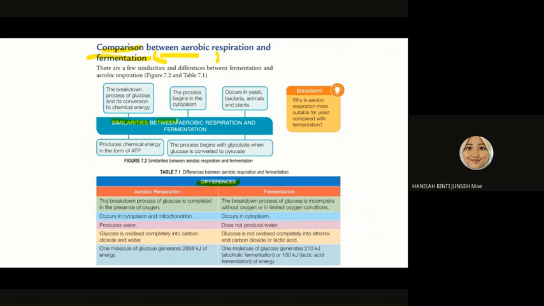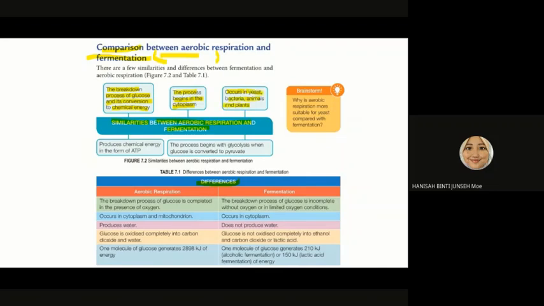So similarities between aerobic respiration and fermentation is both involve the breakdown process of glucose. Of course, it must start with glucose and its conversion to chemical energy. Okay, next, the process begins in the cytoplasm. Okay. And the third one occurs in yeast, bacteria, animals, and plants.